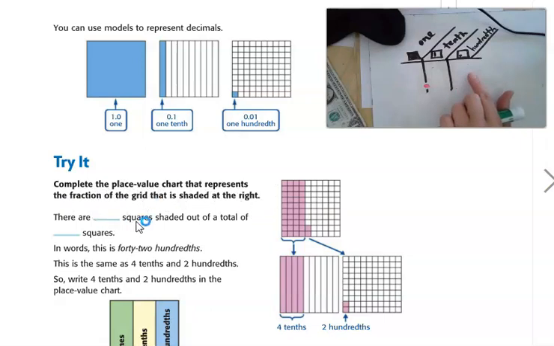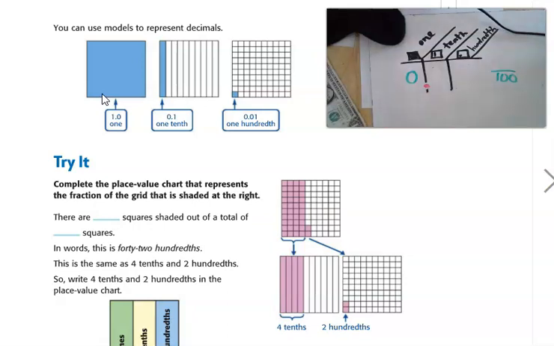So we can complete the place value chart that represents the fraction of the grid that is shaded at the right. There are squares shaded out of a total of squares. If I count 1, 2, 3, 4, 5, 6, 7, 8, so this is a grid of 100. And I see that there are no whole ones. There's not a complete model that's shaded, so there's going to be 0 ones.